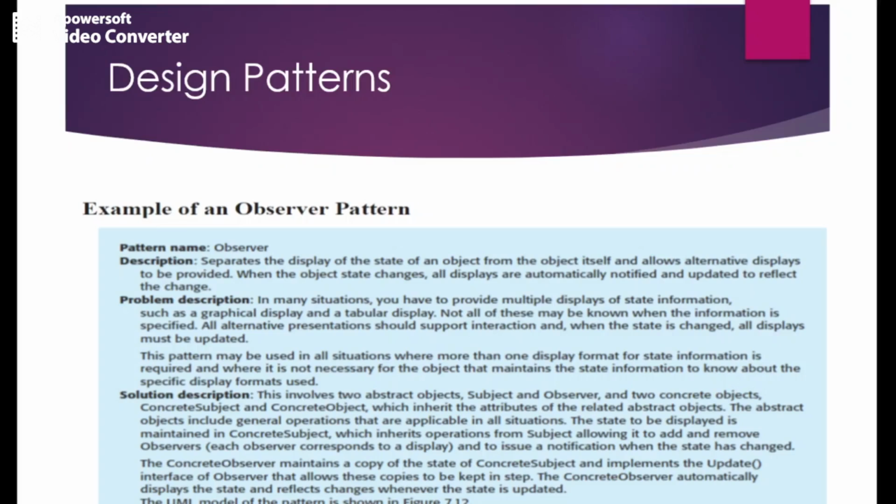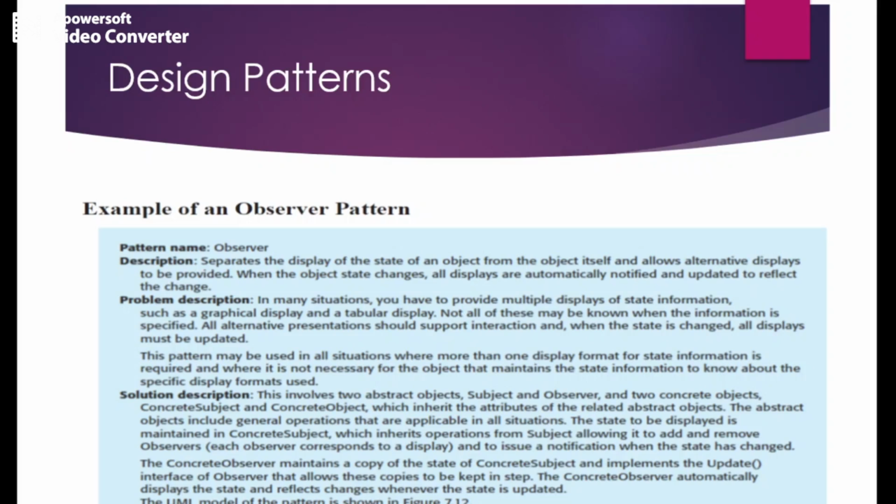Now let us see an example which will help you to analyze what a design pattern is. We have an example for an observer pattern. So your pattern name is observer. Description: it's related to observing a particular object from a certain distance.